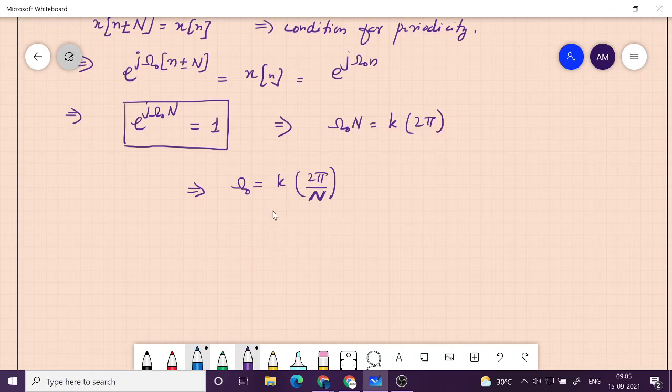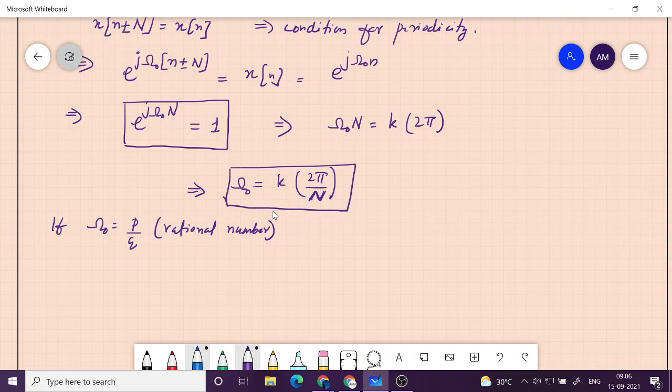If omega 0 can be expressed as p by q, a rational number, where p and q are integers, then the above condition can never be satisfied.